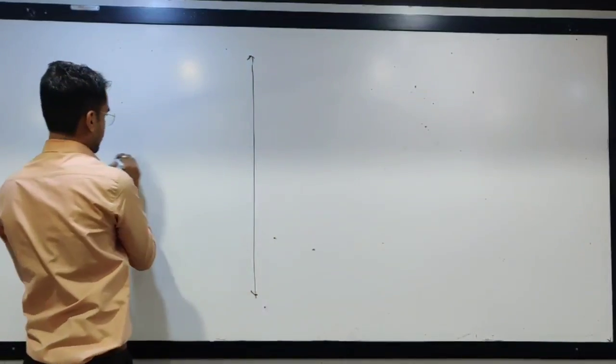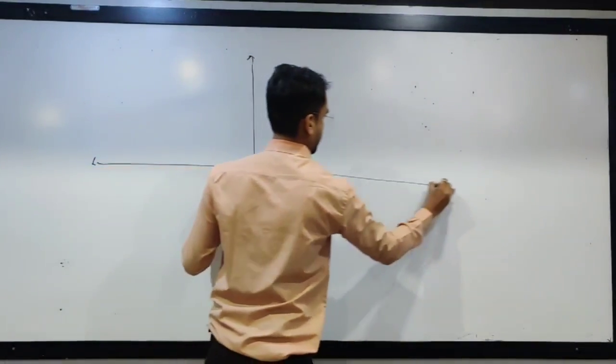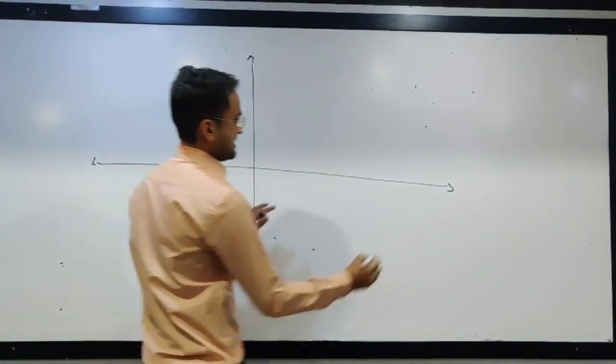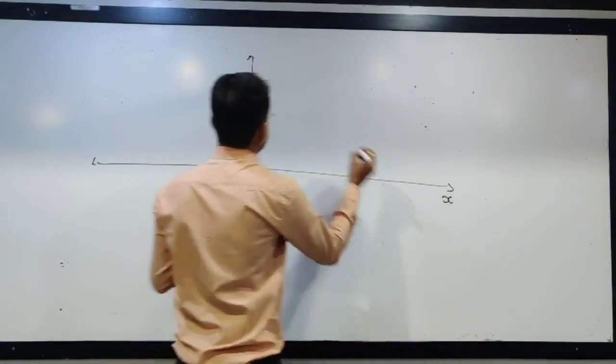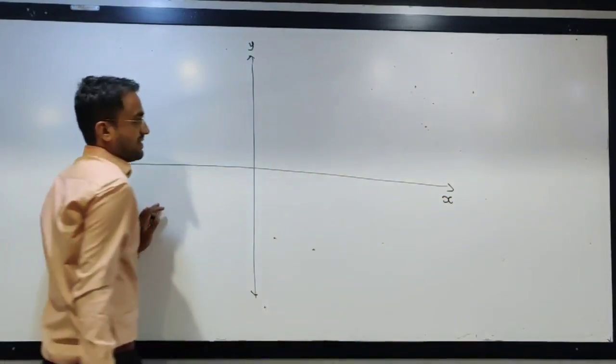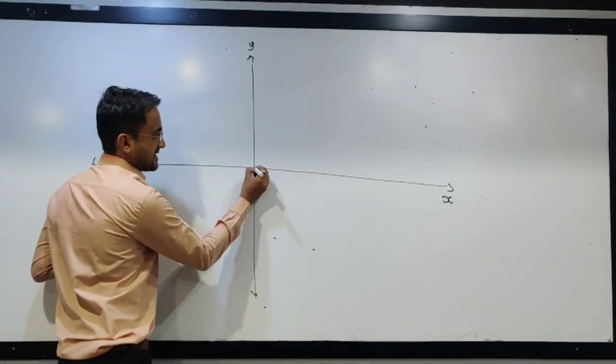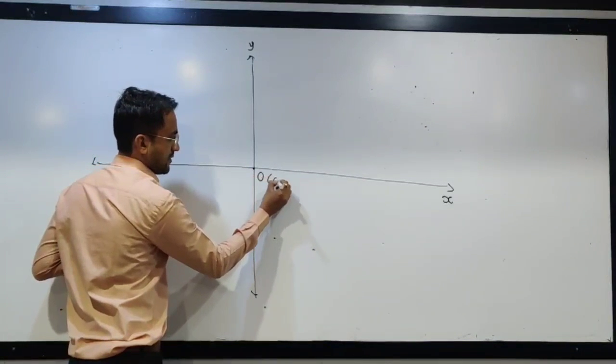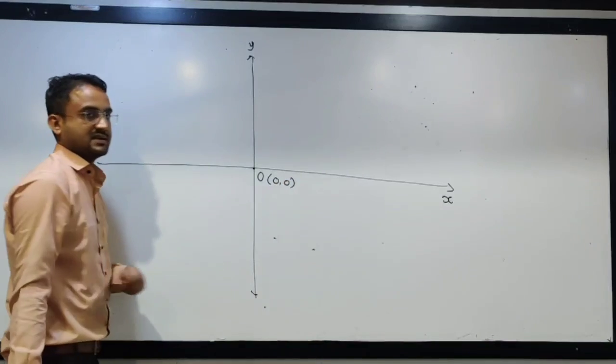So if I draw one Cartesian plane, clear? This is your x-axis, this is your y-axis. We have seen the point of intersection is the origin, that is O, that will be 0, 0.